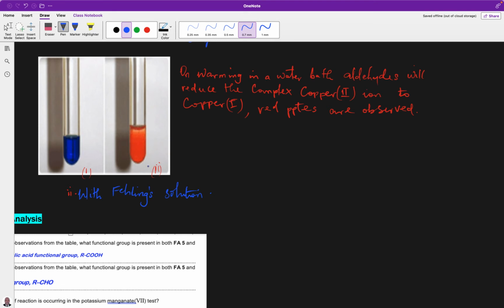When it does that, the color changes from blue to a red precipitate, indicating the presence of an aldehyde. Conclusively, with Fehling's solution, aldehydes are the only organic compounds that will give a red precipitate. Ketones will not.